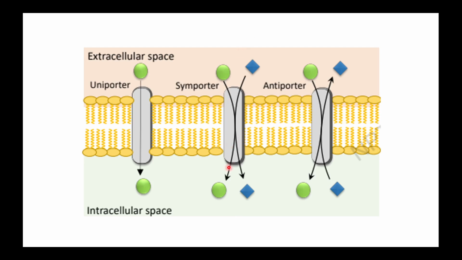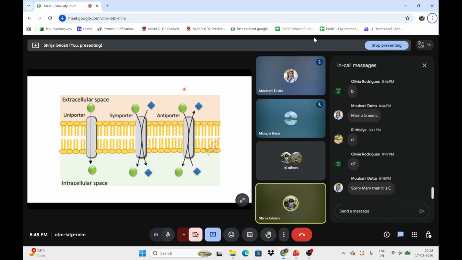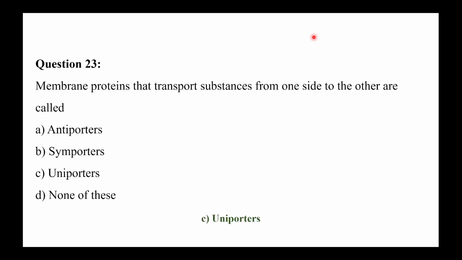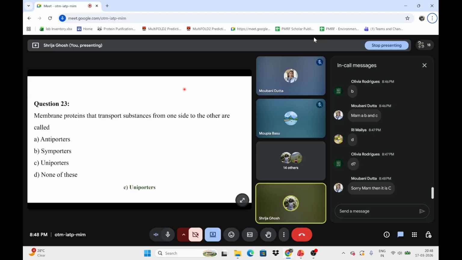An antiporter is the opposite of a symporter. When one molecule is transported from one side to the other, the second molecule is transported in the opposite direction. So the question meant to ask which of the transporters can transport only in one direction. So the answer was option C.